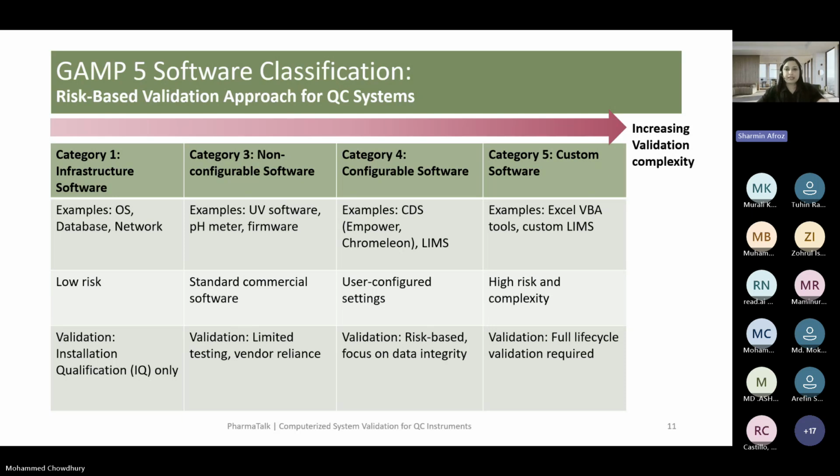At first we have to select vendors, and there will be vendor selection criteria. Every vendor has to face the vendor selection criteria, and sometimes category 3 instruments are also very important, like UV instruments. So we have to purchase the software from a reliable supplier, a reliable manufacturer.